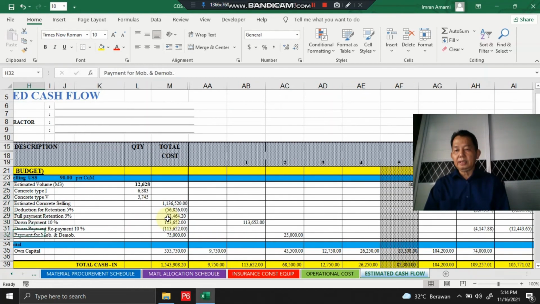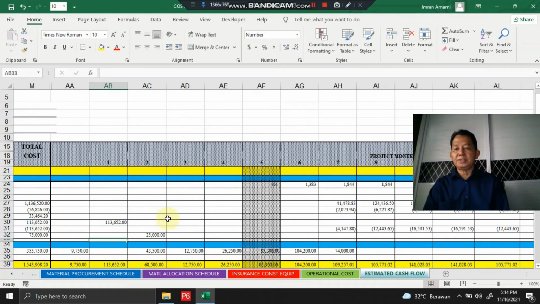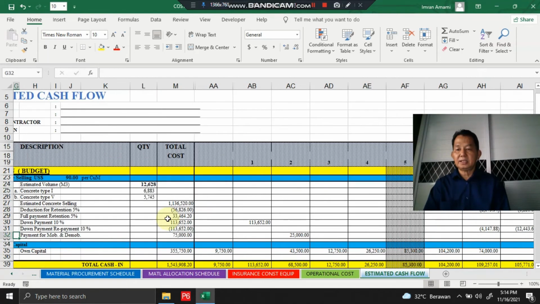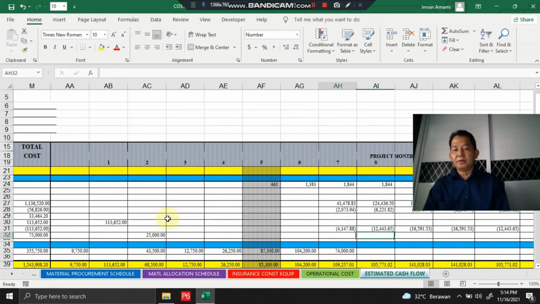And then we receive the payment for mobilization and demobilization here. This is 3 months earlier, before the first month of concrete supply.